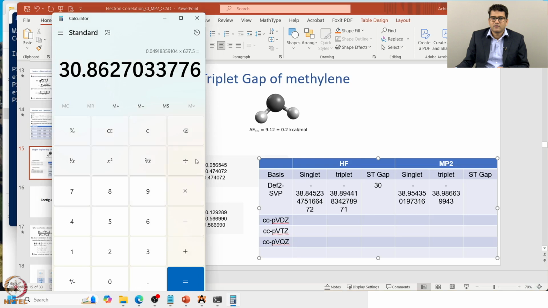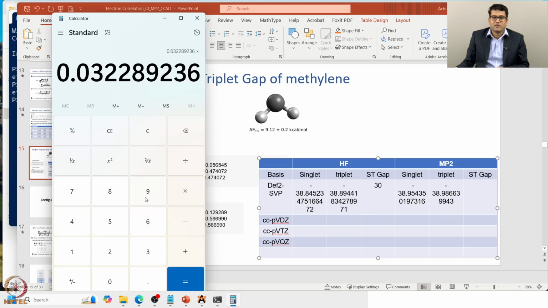Whereas if I use the MP2 value, it's 38.98663943 minus 38.954350197, which should be fine.